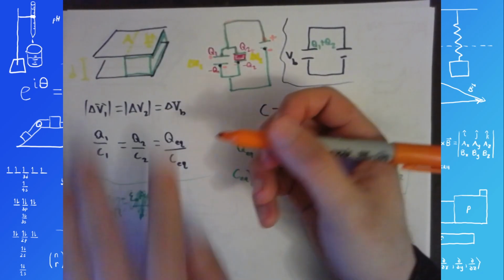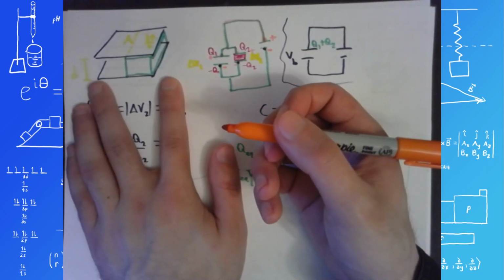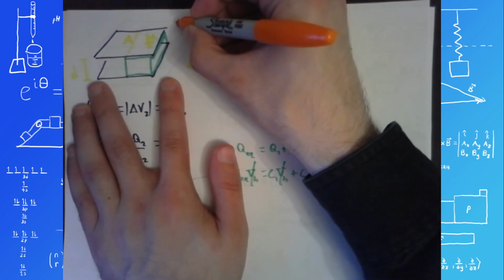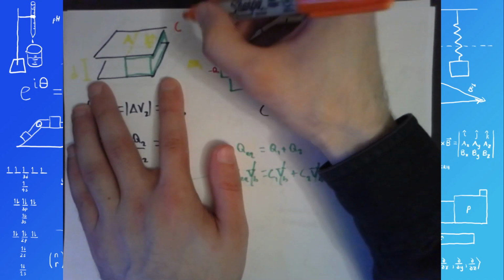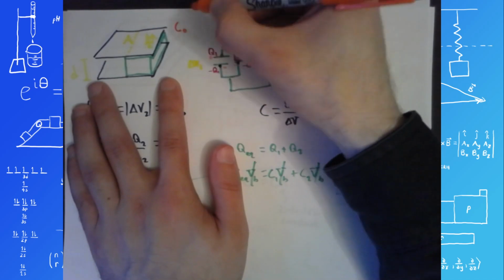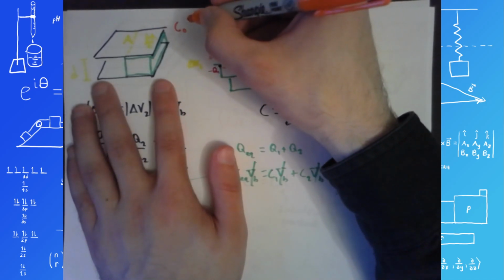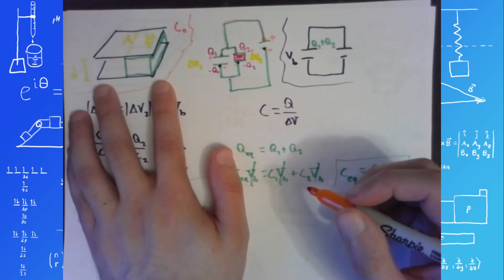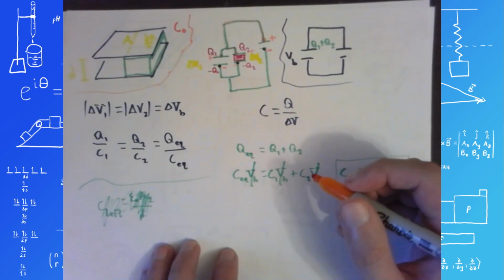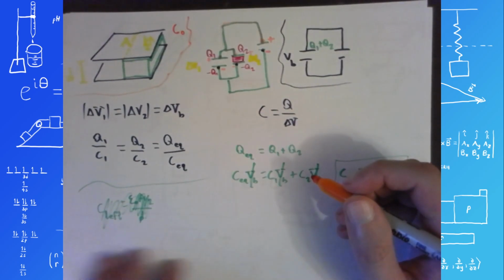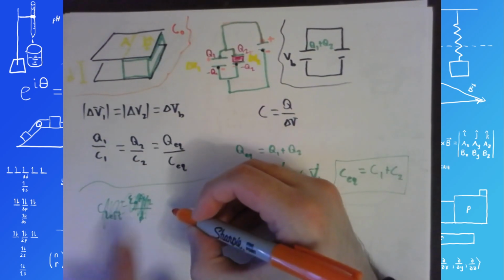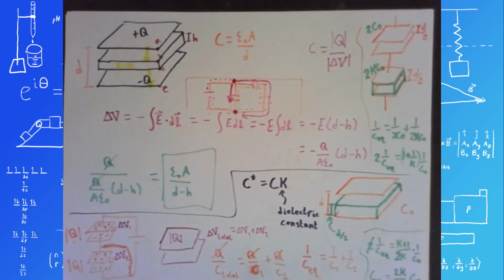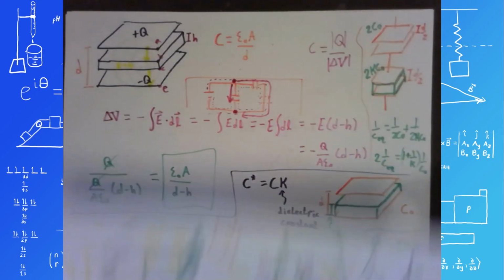Well, first of all, originally, before the dielectric was inserted to this thing, we had a capacitance of C0. So what is its capacitance now? Well, for the left half, oh, actually I do still need this formula, don't I? Yeah, I do.